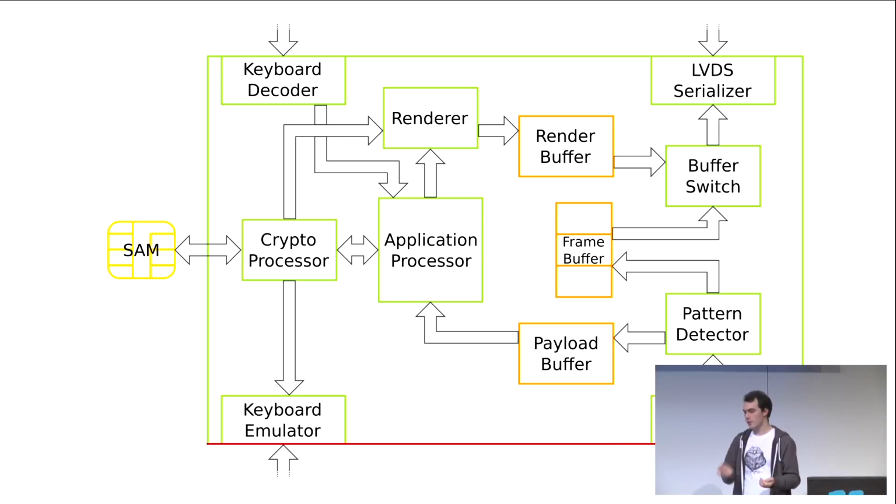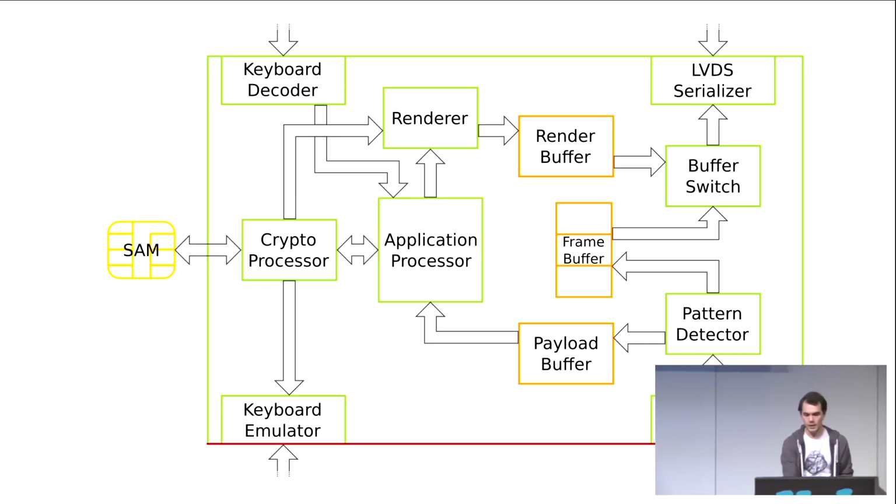And this renderer is then outputting a bitmap into a render buffer, and this render buffer is then dynamically switched into the in-flight LVDS or embedded DisplayPort signal by this buffer switch. So the buffer switch basically just needs the position where to flip between upstream display content and the render buffer, and it will count the position in X and Y coordinates and then switch over and switch back.